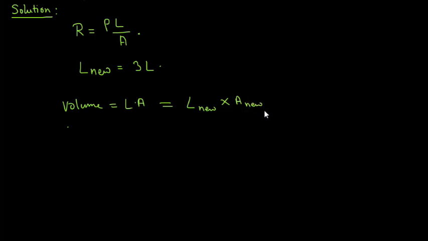The cross-sectional area of the wire will also change. So we can write A new will be equal to L multiplied by A upon L new, from this relation.